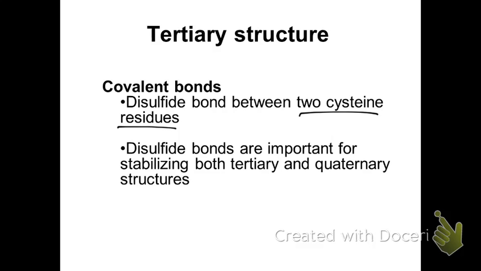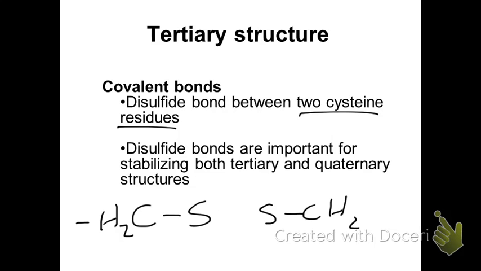Basically, it would look something like this: you would have a CH2 and then the S on the cysteine, and then you have another cysteine residue very close, and they're going to form a covalent bond, or what we call a disulfide bond, between the two sulfurs on cysteine.